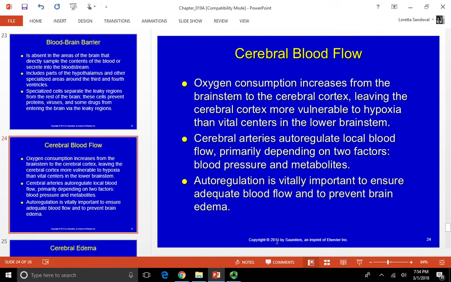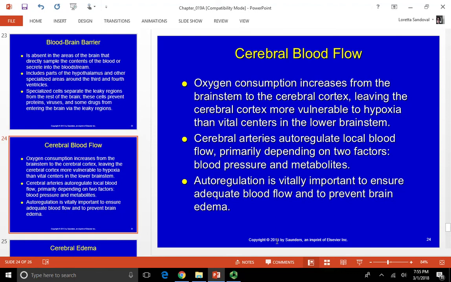So the cerebrum really requires a lot of oxygen. When you go from the brainstem to the cerebral cortex, oxygen consumption increases a lot. Unfortunately, that leaves the cerebral cortex more vulnerable to hypoxia than vital centers in the lower brainstem. So sometimes when people's brains are deprived of oxygen for whatever reason, the vital centers in the lower brainstem still work to keep you alive, but the cerebral cortex is affected because it's more vulnerable.